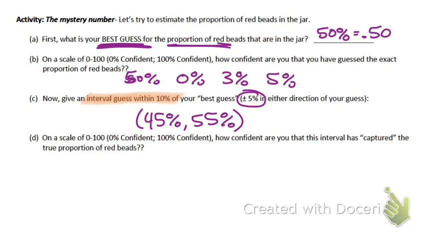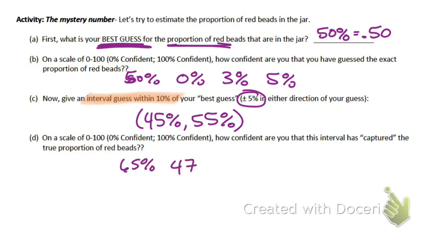Now, everybody has a 10% window of options for the true proportion that is in the jar. How confident are you that your 10% window includes the true value? 100%? Okay, maybe now you're up to 65%.